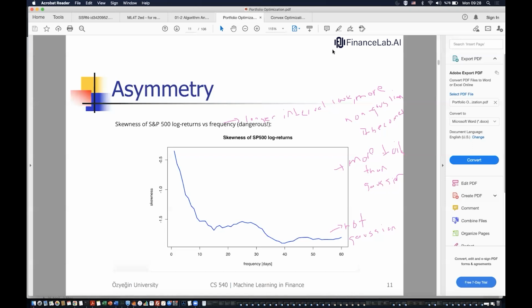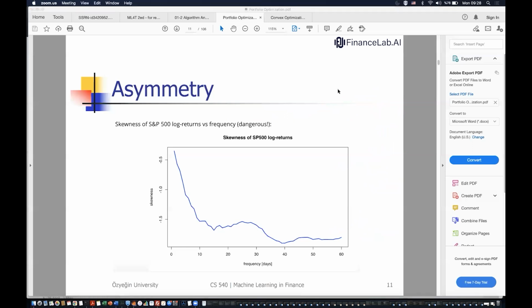As you remember, skewness is defined as the third moment: the mean cubed, the third central moment, divided by the standard deviation cubed. In some cases there are different definitions as well, but in general it's the third moment.